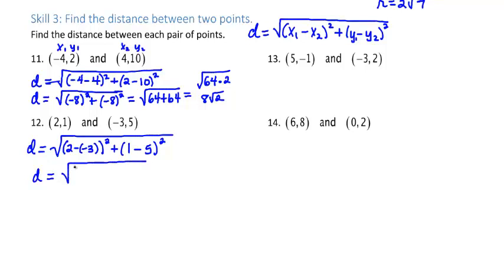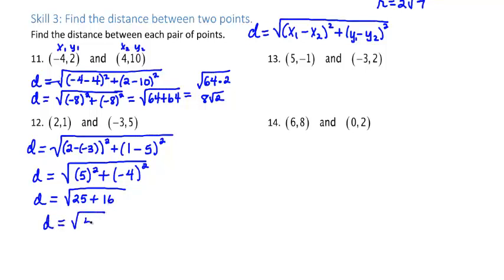So the distance is the square root of 2 minus negative 3, which is 5 squared, plus 1 minus 5, which is negative 4 squared. Simplifying inside the square root gives us the square root of 25 plus 16. When we add those together, we get the square root of 41.